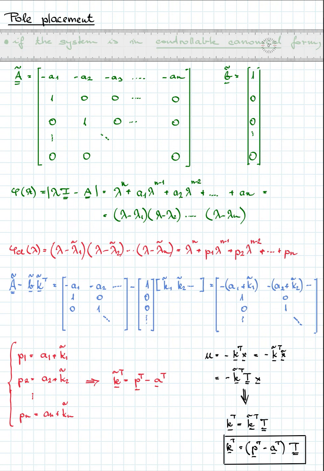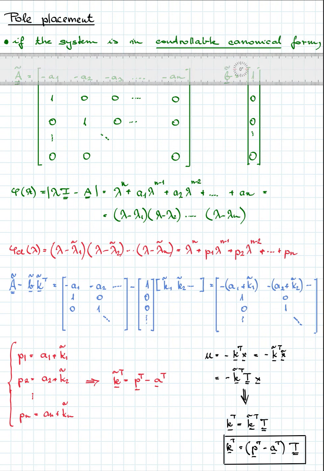The first way is a little bit special because we have to use the controllable canonical form. So this is one group where we can use the controllable canonical form.